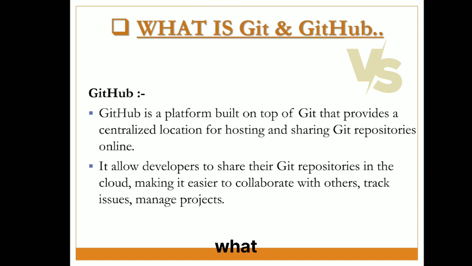But what is GitHub? GitHub is a platform built on top of Git that provides a centralized location for hosting and sharing Git repositories online. It allows developers to share their Git repositories and code, making it easier to collaborate with others, track issues and manage projects.